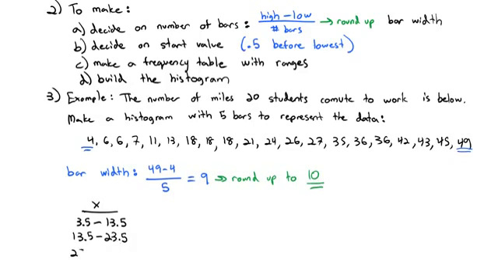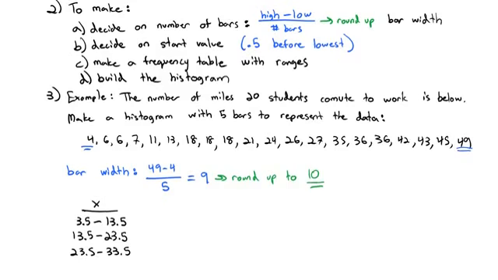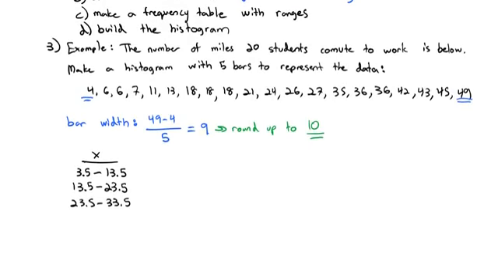Then we have 23.5 to 33.5. And I'm running out of space, so I'm going to scroll up a bit. 33.5 to 43.5. And 43.5 to 53.5. Those are our ranges. Now we just need to find the frequency inside each range.